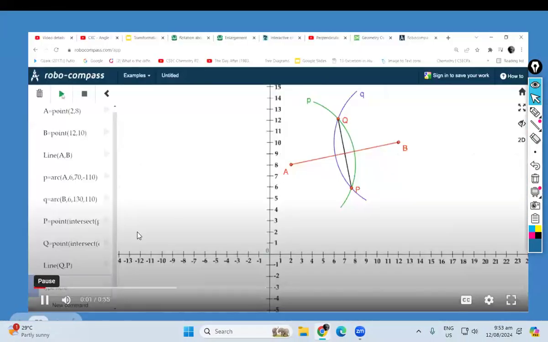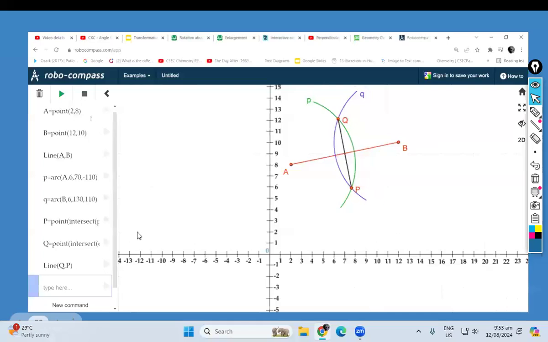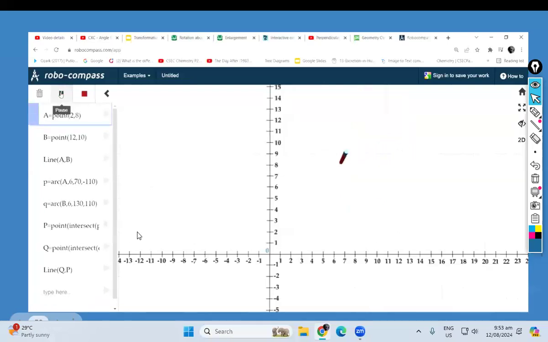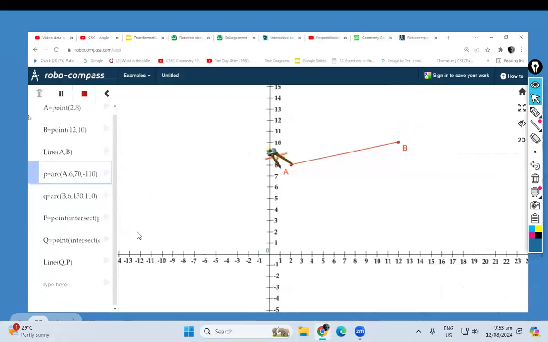Pay attention, it has no sound. So what's going to happen? We're going to try to replicate that diagram. It's a bit slow, but we're going to try to divide the line AB into two equal pieces. That's the line we want to divide.